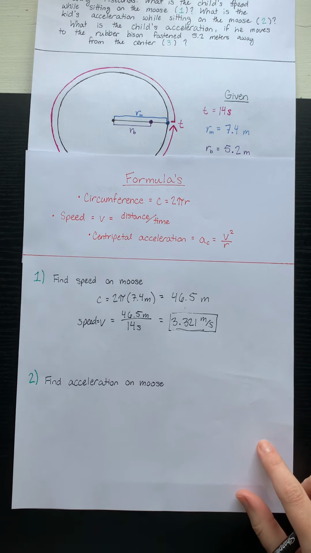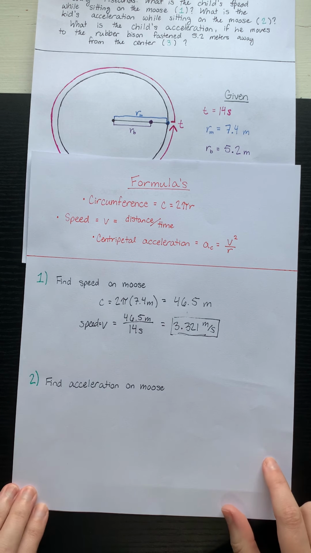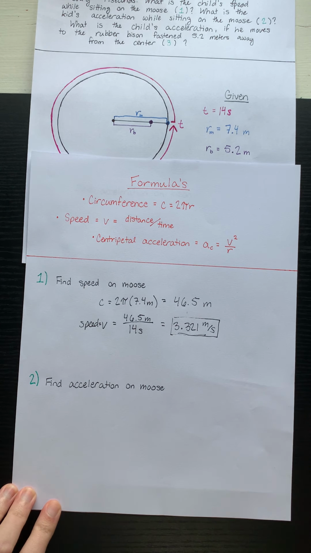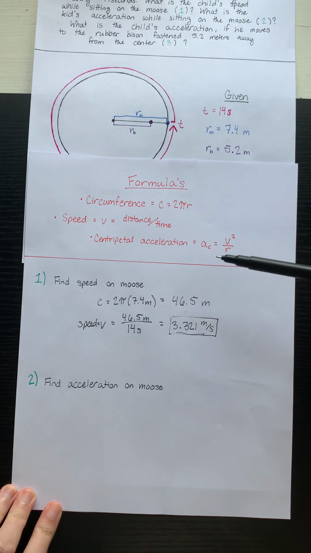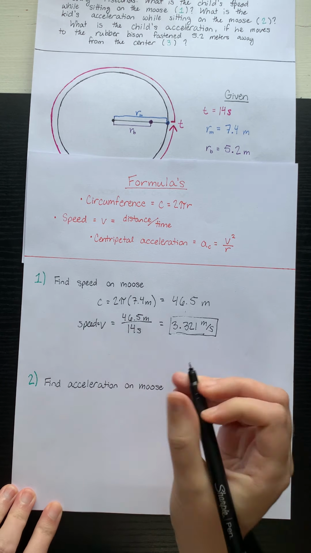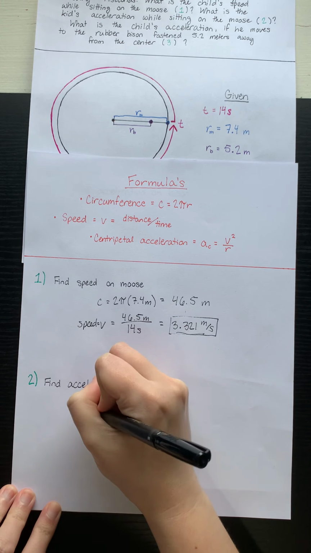So part 2 of the problem asks us to find the acceleration of the kid on the moose. To find the acceleration, we're going to use this formula right here, which is centripetal acceleration. So we already have the velocity. We just found it right here. And we actually have our radius. So all we have to do is plug in our numbers into this formula.